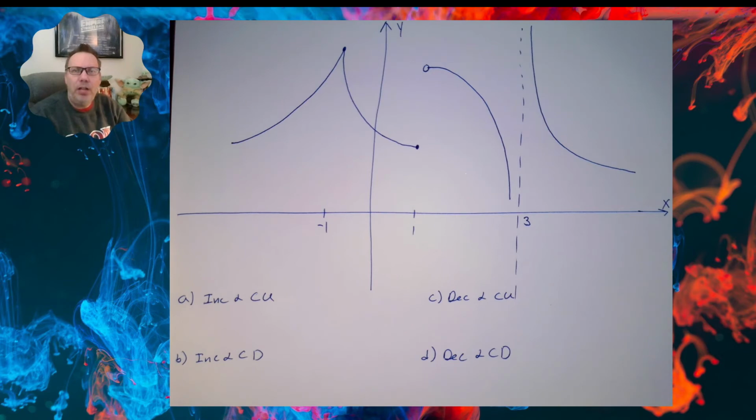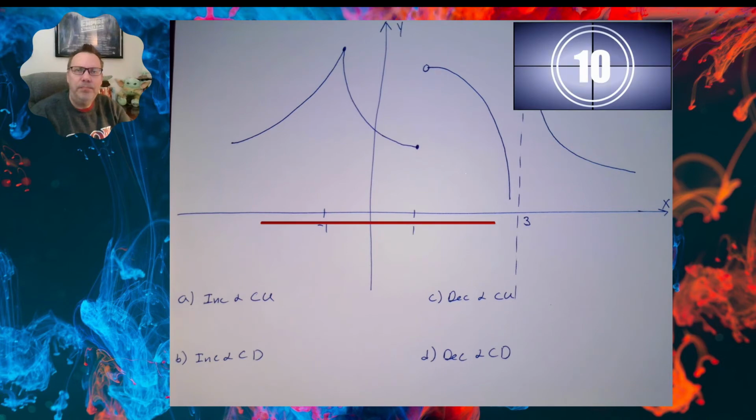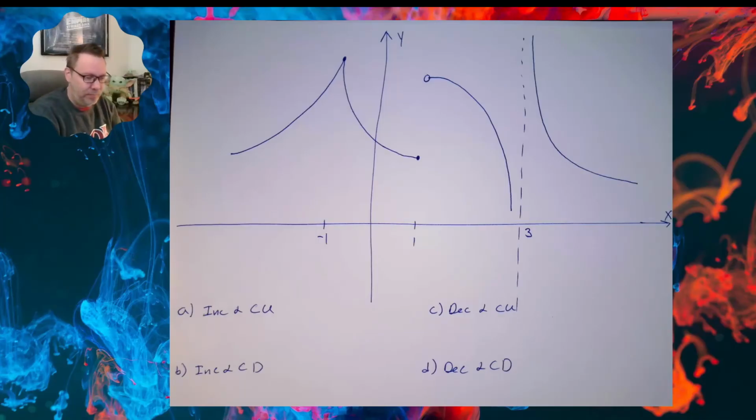In this problem here, I would like you to label the increasing concave up, increasing concave down, decreasing concave up, and decreasing concave down intervals. Give yourself a few minutes to do this, and pause the video. I hope you had a chance to attempt this problem yourself.